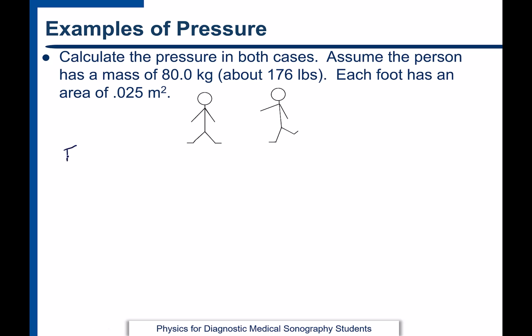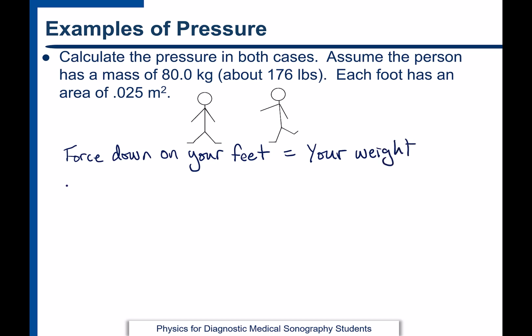So the force down on your feet, that's just your weight. And we know how to calculate the weight. Weight, remember, is just equal to the mass of the object times the acceleration due to gravity.